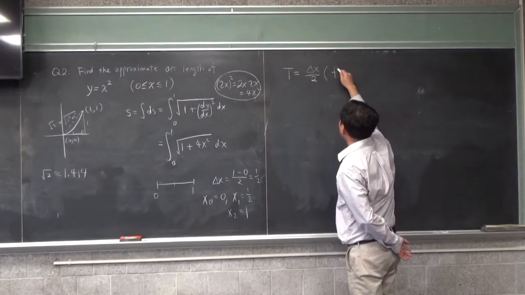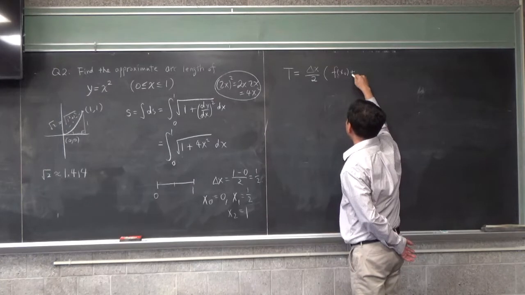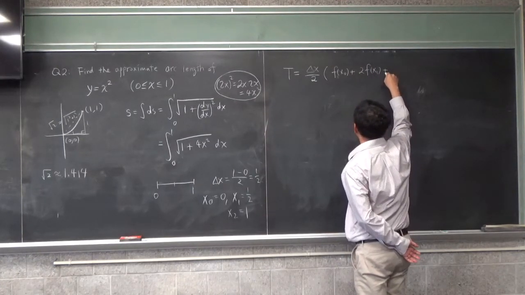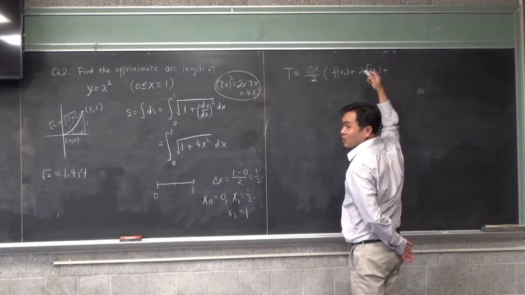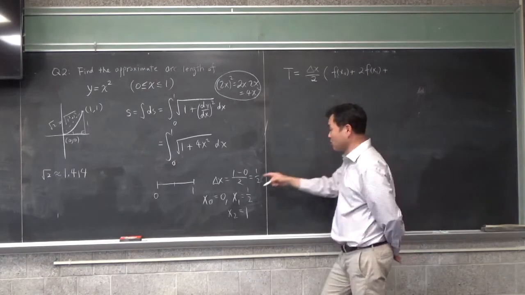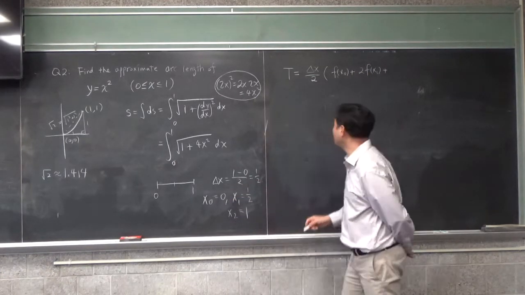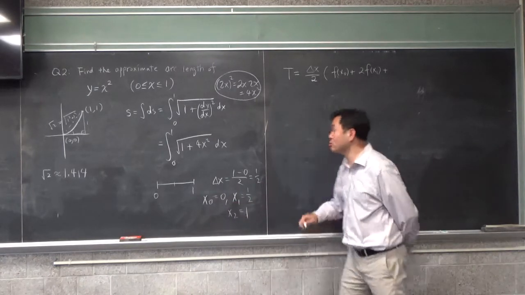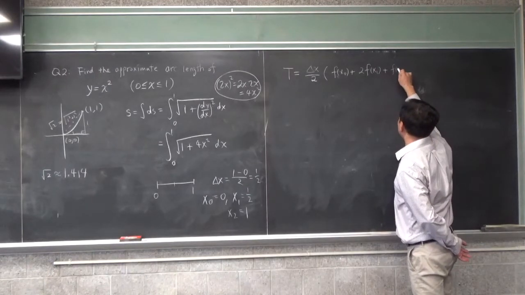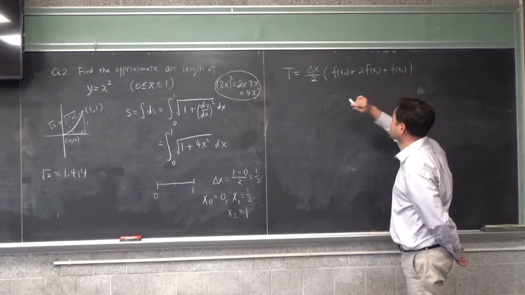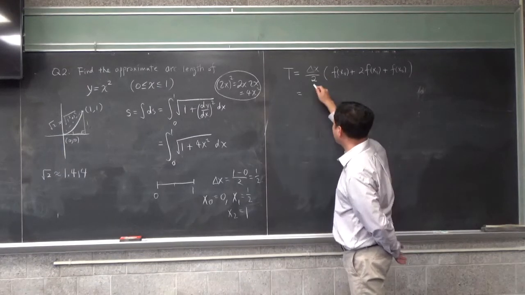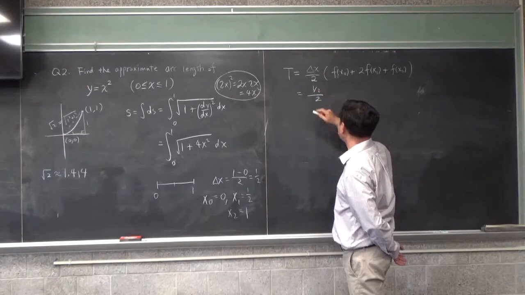The first one is f of x0, and then plus 2 f of x1, and the last one is f of x2. So you have x0, x1, and then x2. And delta x, we found it to be 1/2, divided by 2.